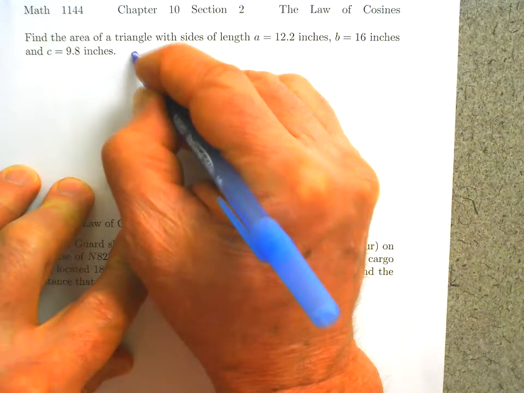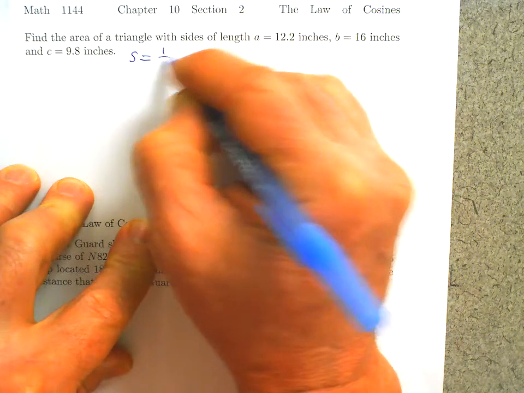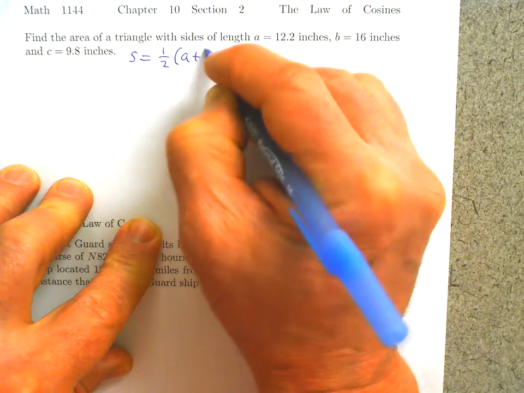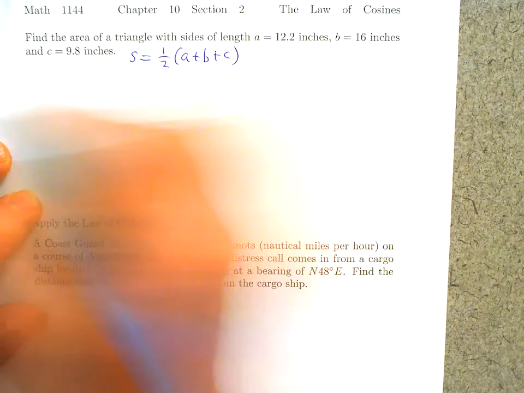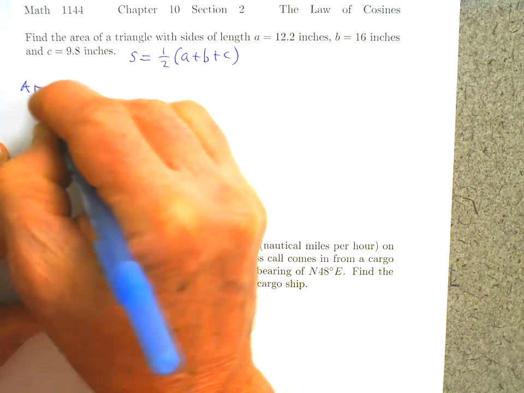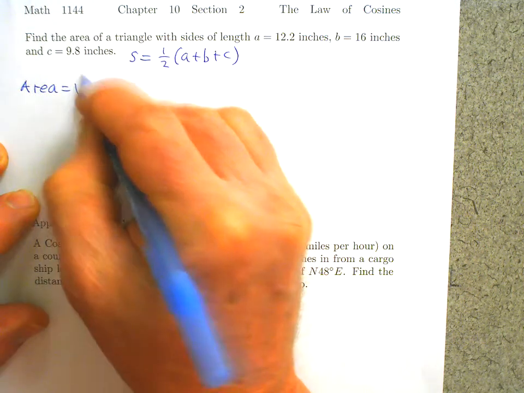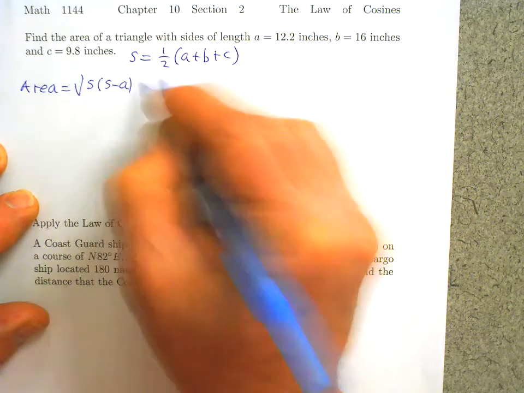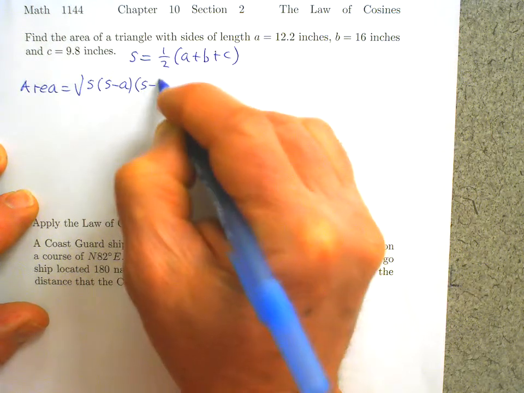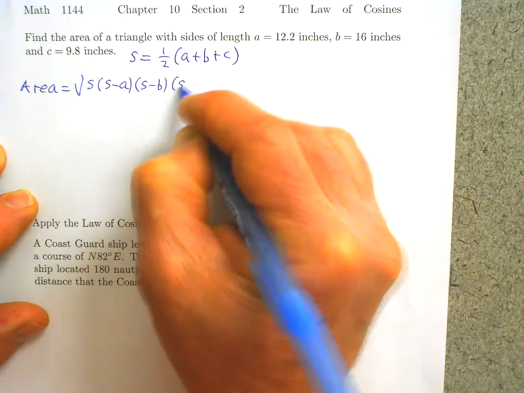So S is 1/2 times A plus B plus C. And then the area is the square root of S times S minus A times S minus B times S minus C.